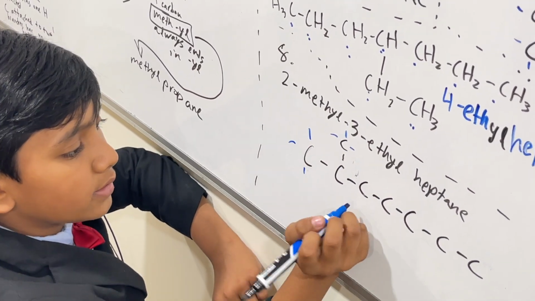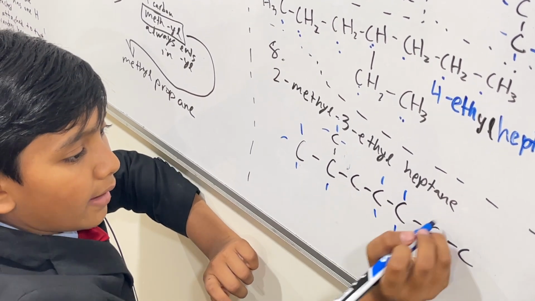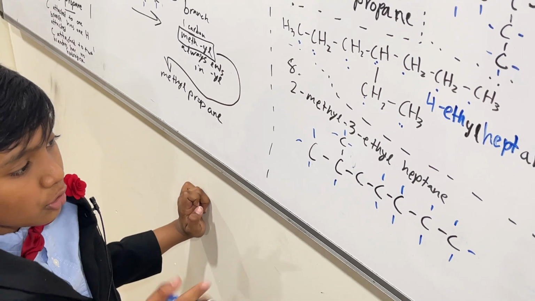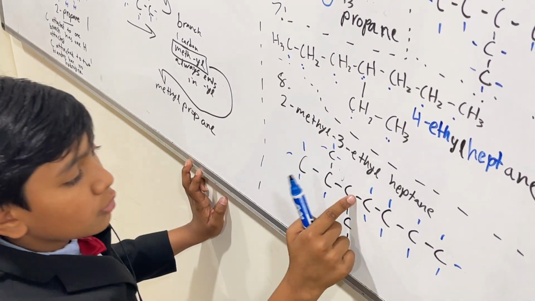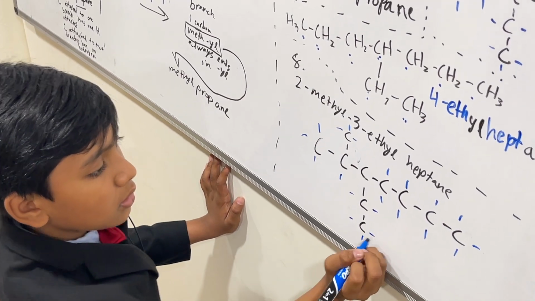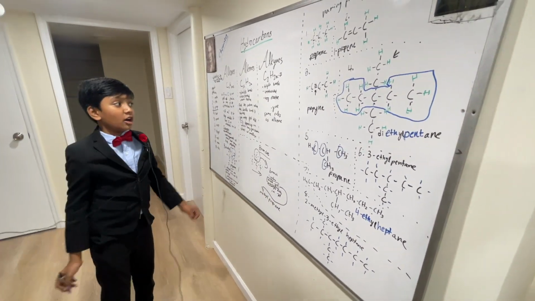And let's just mark these ends up because I don't want to have to do it after. And then we have 3-ethyl. So that means it's a branch of 2 carbons on number 3, right over here. And that's 2-methyl 3-ethyl heptane. So that's it.